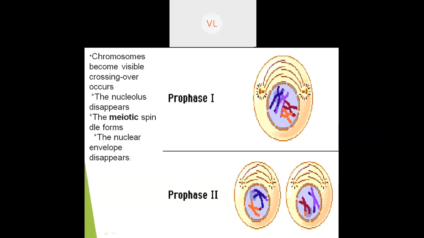After cytokinesis, the cell is already divided into two cells, so in prophase 2 I'm showing you in this way, with two cells already formed. There won't be any more crossing over, and two chromosomes will meet each other, meaning they will be connected with each other.